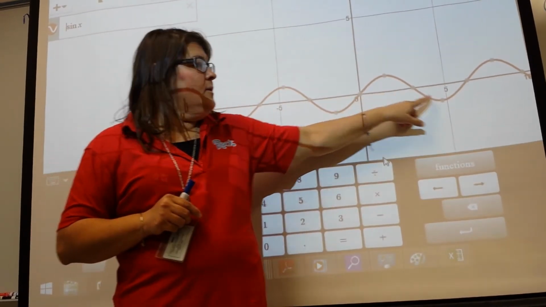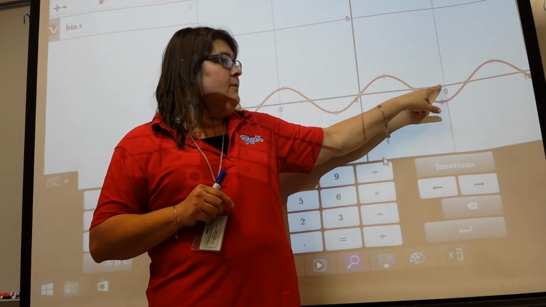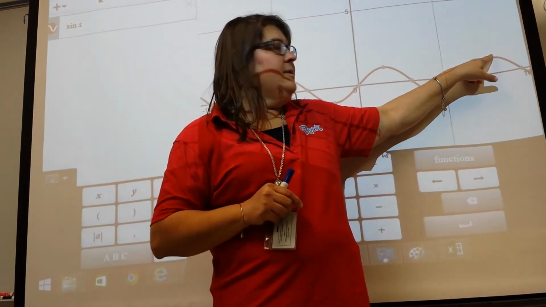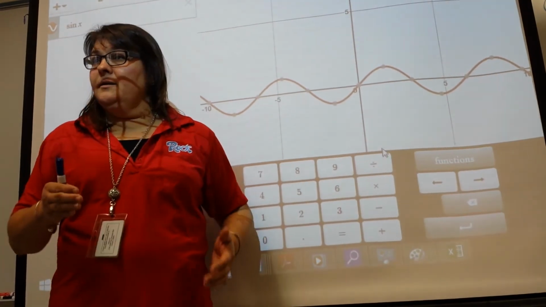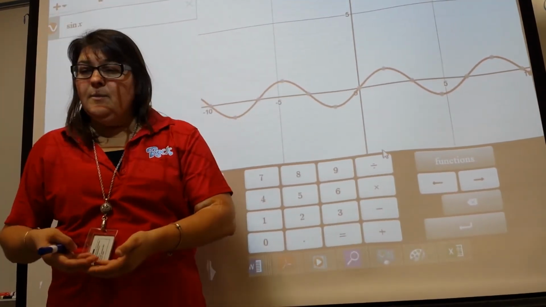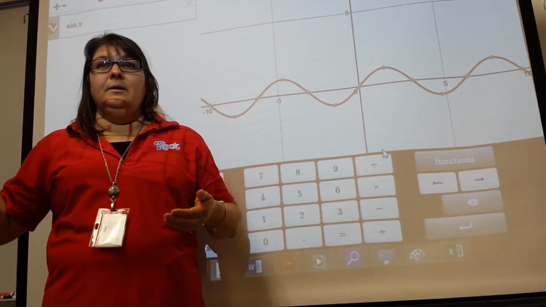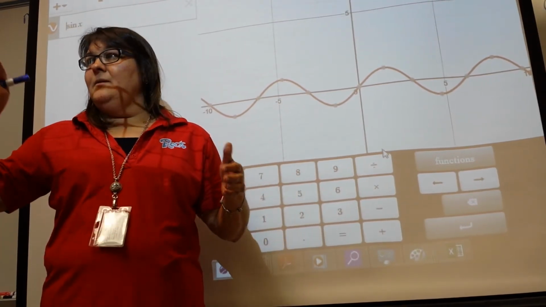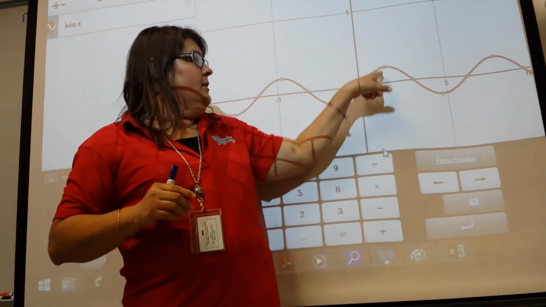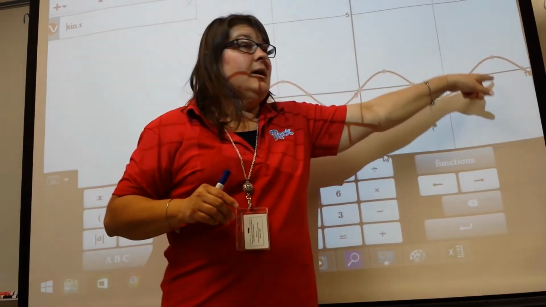What is the slope of this one over here? 0. Same thing. What is the slope of this one over here? 0. Does everybody understand that so far? So when it's at the top of the hill or the bottom of the hill, the slope is 0. So its derivative graph would cross here, it would cross here, it would cross here, etc.